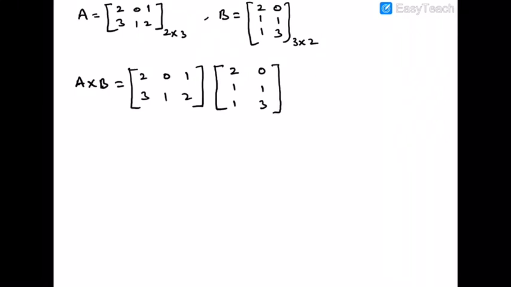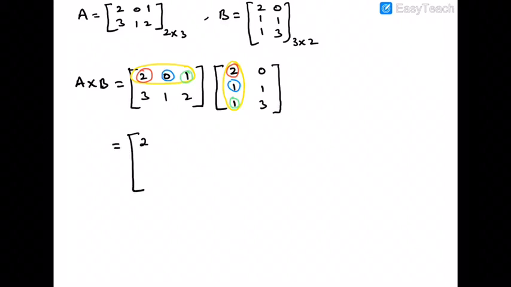Now to multiply this, let's first take the first column of matrix B and the first row of matrix A. Now multiply 2 with 2, 0 with 1 and 1 with 1 and add them.